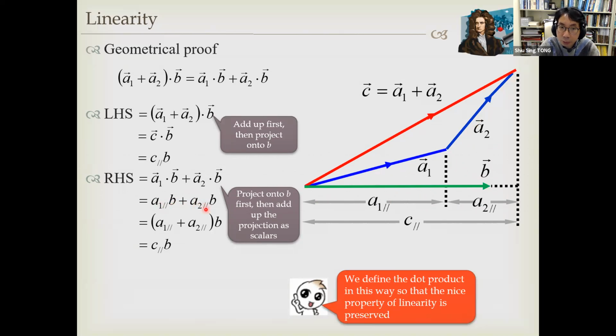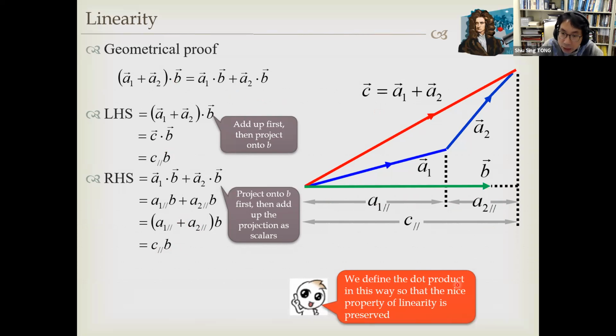So I can easily extract B out. And inside the bracket, I have A1 parallel added to A2 parallel. But you can see from this figure, A1 parallel plus A2 parallel is just equal to C parallel. So now I have C parallel times B. That makes my right-hand side equal to the left-hand side. And so for this situation, I prove the statement. I've proved the linearity property of the dot product.